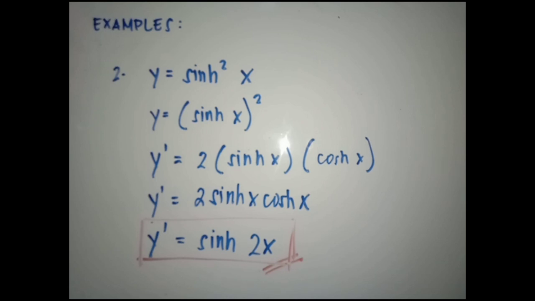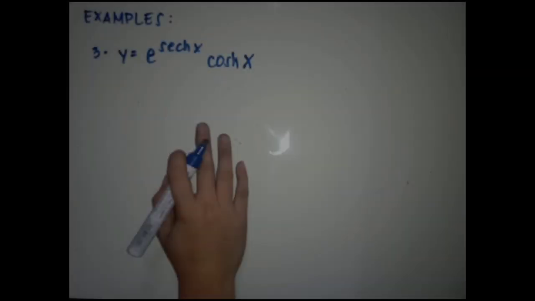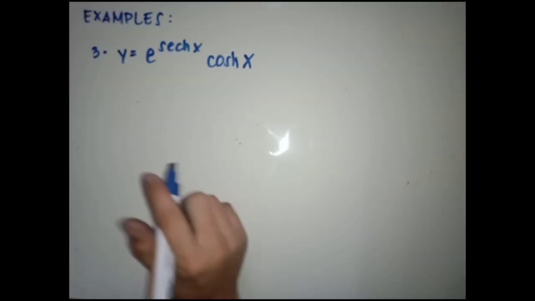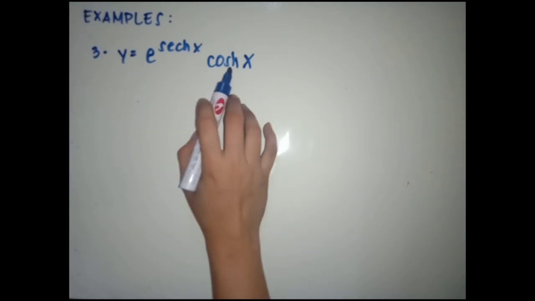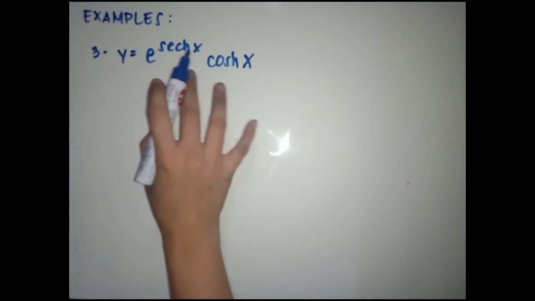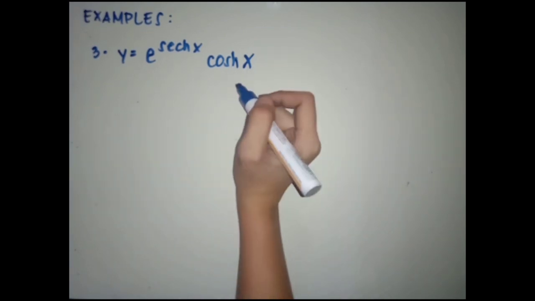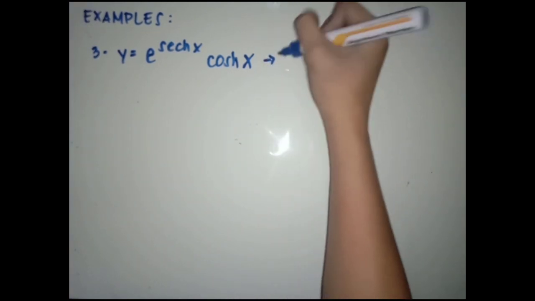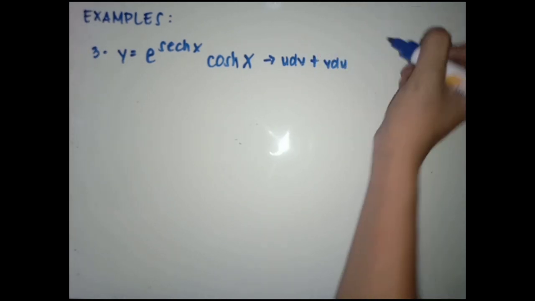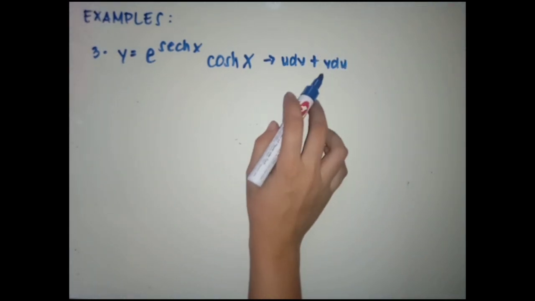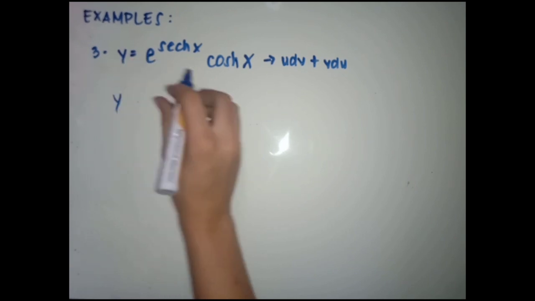Now, let's proceed to the last example. So, for our last example, we have y is equals to e raised to hyperbolic secant x times hyperbolic cosine x. Now, since we have a product of two functions man, mag-use ta sa product rule. So, ang atong product rule is u dv plus v du. Now, since naa naman tayo formula nga magamit, mag-proceed na ta sa pag-derive ani nga function.